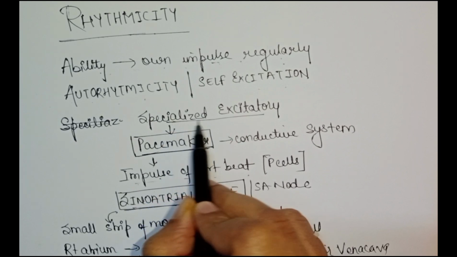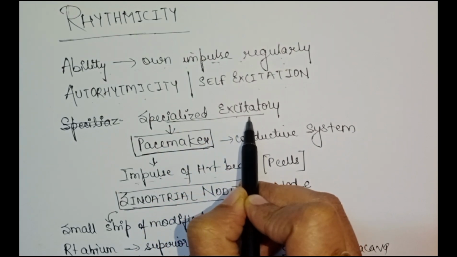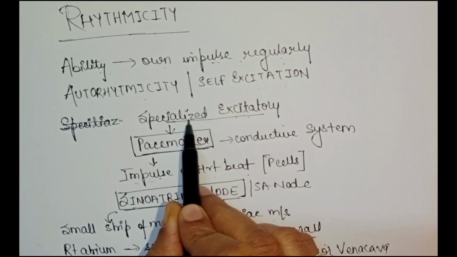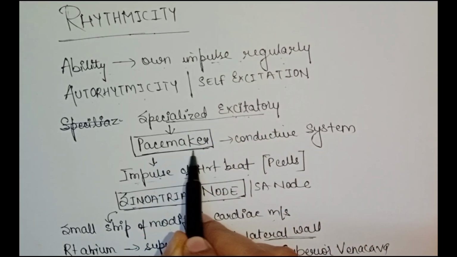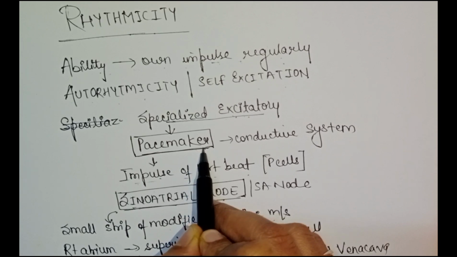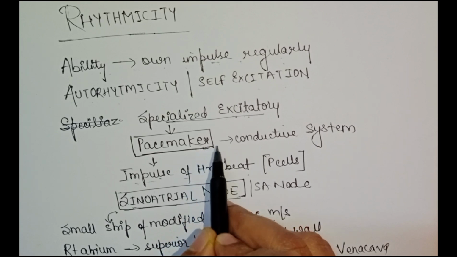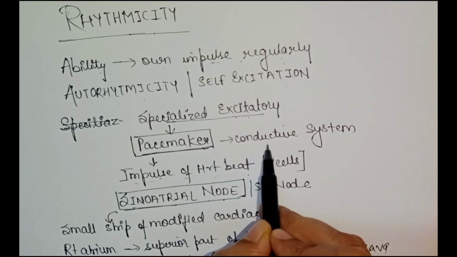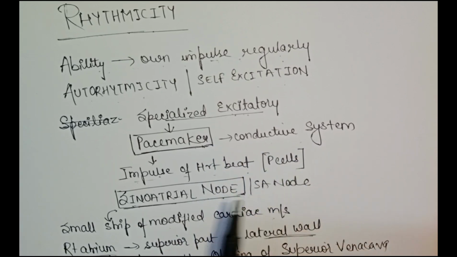However, the heart has a specialized excitatory structure from which the discharge of impulse is rapid, and this specialized structure is called the pacemaker. From the pacemaker, the impulse spreads to the other parts through the specialized conductive system.